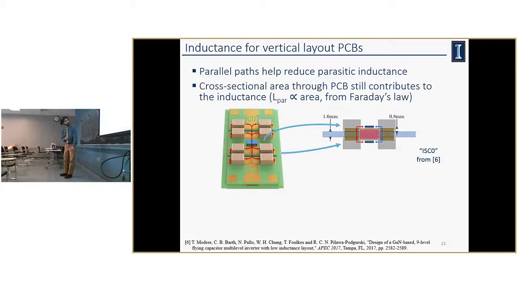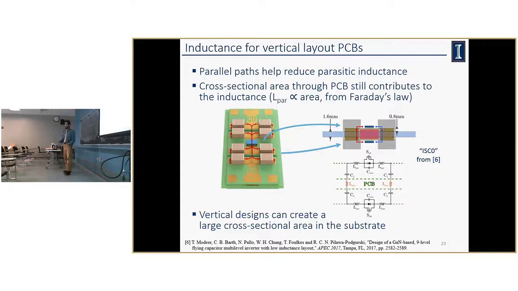This design was from a previous paper earlier this year, and I'm going to refer to it as the base comparison case for vertical designs going forward, as ISC 0. And in this case, as I was mentioning, this parasitic inductance is really going to accumulate through the connection between the switching cells on the top and the bottom side.